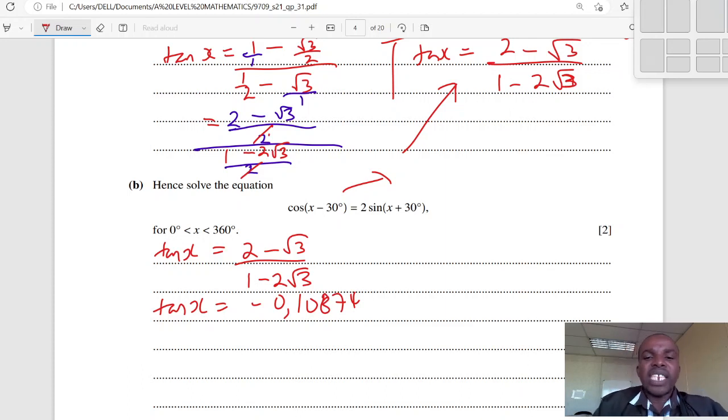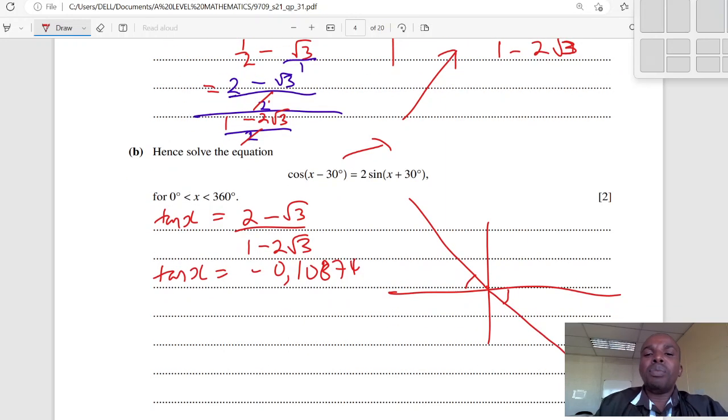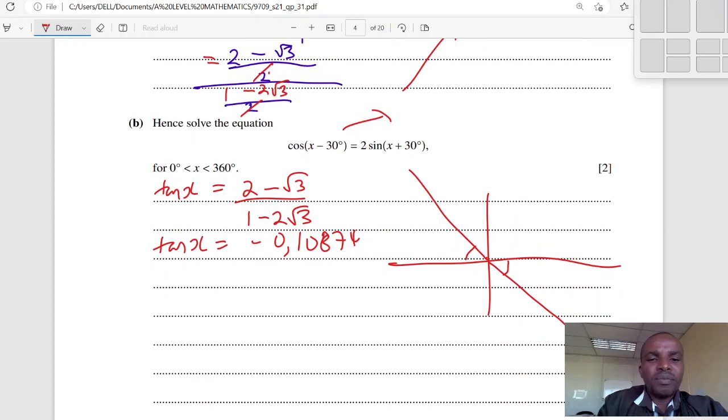So I can see that tan x is negative, which means my solutions, if I am to find them, tan is negative in which quadrant? Actually in the second and the fourth quadrant. So my solutions are supposed to be in the second and fourth quadrant. So I have to find my PV, my principal or primary value.